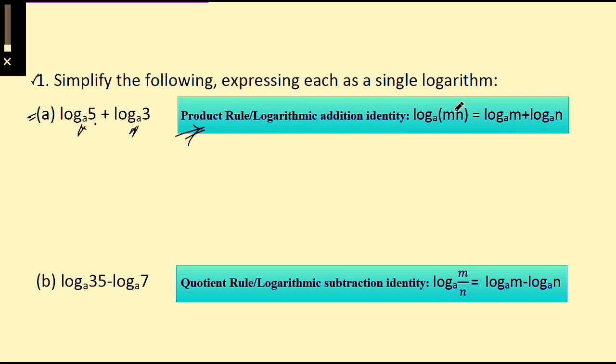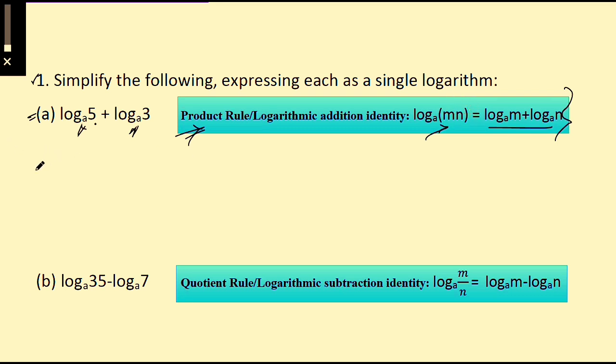For example, if we have log m times n to the base of a, then we can write it as log m to the base of a plus log n to the base of a, or vice versa. Here m and n are the arguments of the log and a is the base.